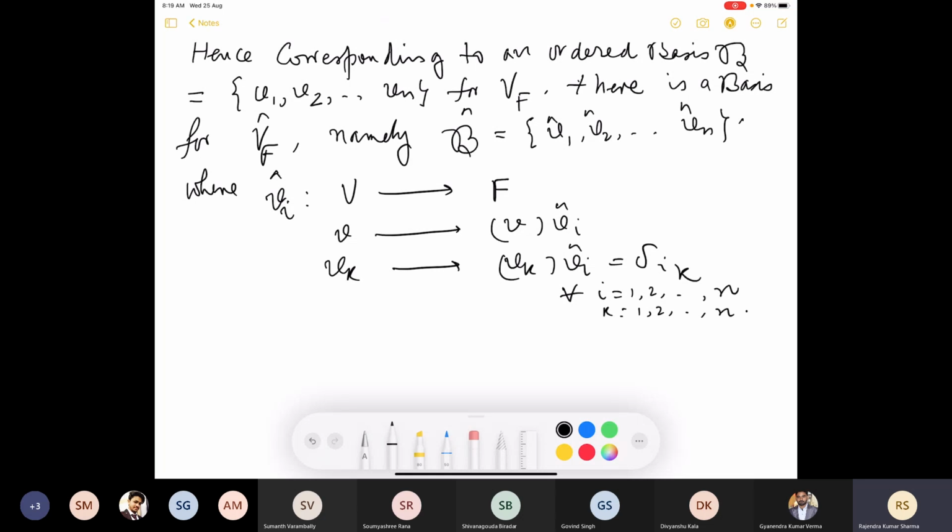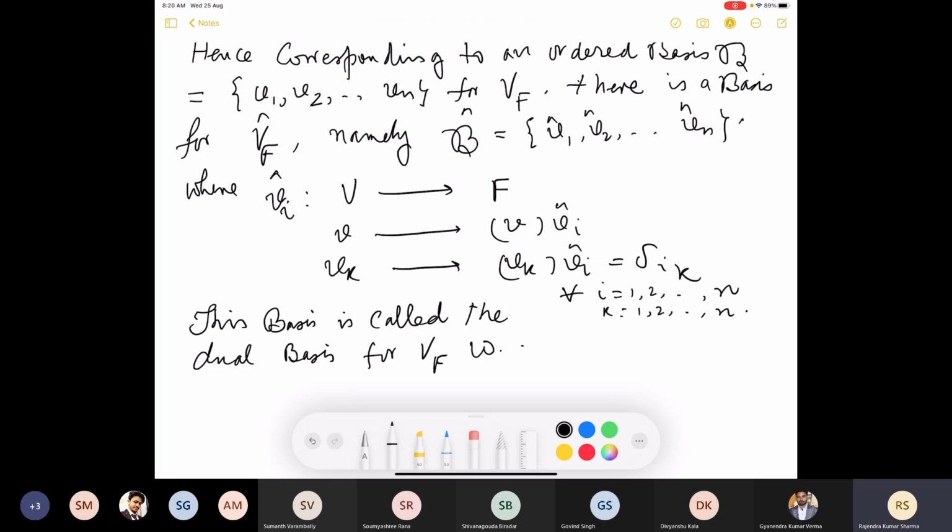And since this is a basis for the dual space, this basis is called the dual basis for V hat over F with respect to the ordered basis B for V over F. And how is it defined?